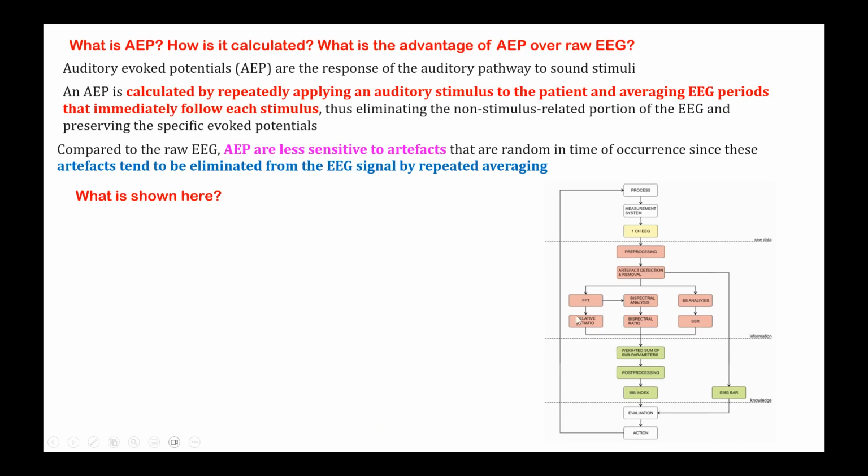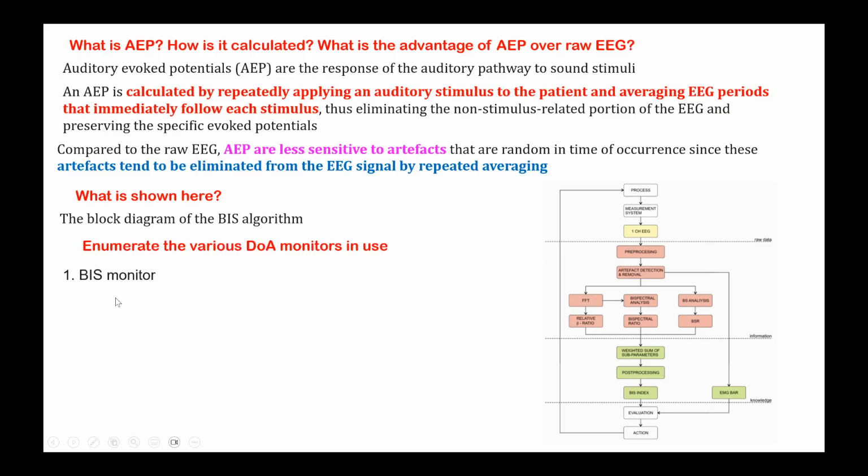So this is how all the machines act in the same pattern, and you will be seeing some of the newer machines that are being used. This is the pattern used in the BIS algorithm, and among the various depth of anesthesia monitors now in use, the commonest and the oldest is the BIS monitor. Then we have another monitor called Narco Trend.